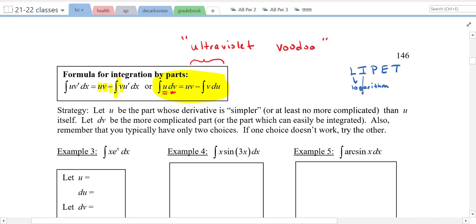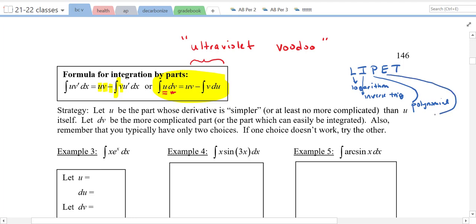I stands for inverse trig functions. I don't really remember the integrals of inverse trig functions, but I do remember the derivatives of them. So there you go. P stands for polynomial. So the third thing down this chain would be if you don't see logs and you don't see inverse trig, then choose polynomials as your u value.